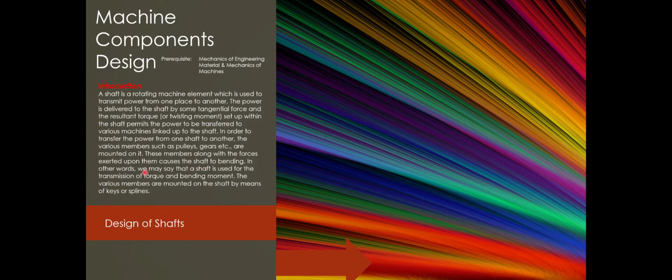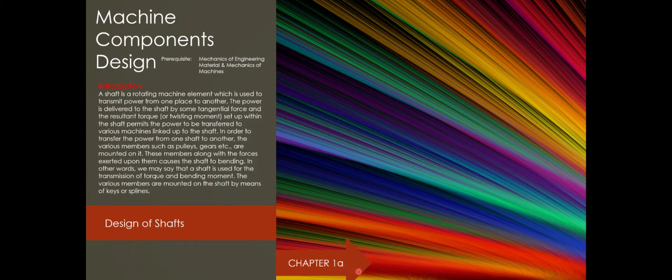Now, in other words, we may say that a shaft is used for the transmission of torque and bending moment. Now, the various members are mounted on the shaft by means of keys or splines. Okay, so that is the introduction of shaft.